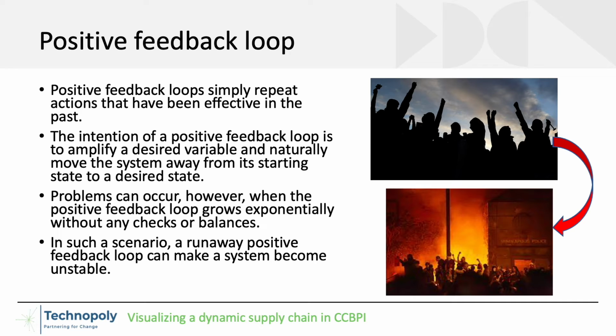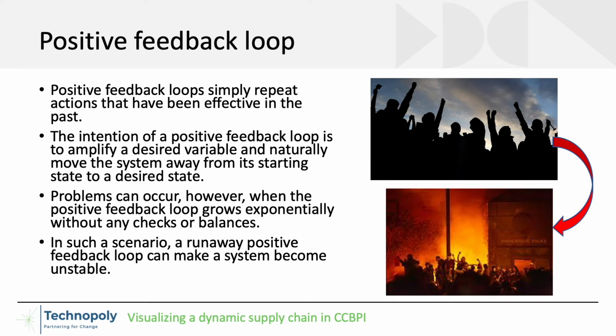A problem can occur when a positive feedback loop can grow eventually out of control, because normally positive feedback loops have no check or balances. In such a scenario, a runaway positive feedback loop can make a system become unstable. An example would be looking at protests.